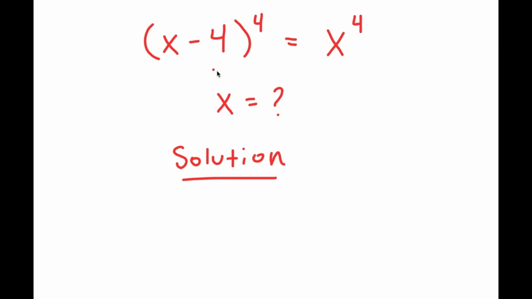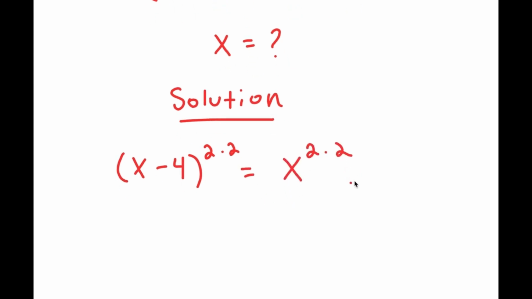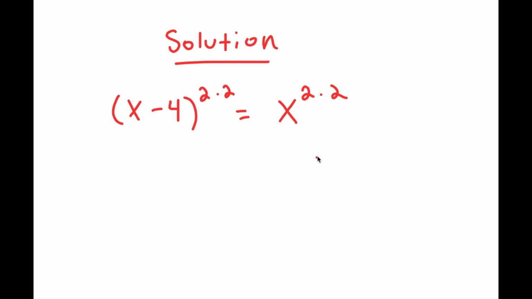What I'm first going to do is rewrite this equation as (x − 4)^(2·2) = x^(2·2). The reason I did this is because now I can use the property (a^m)^n = a^(m·n).